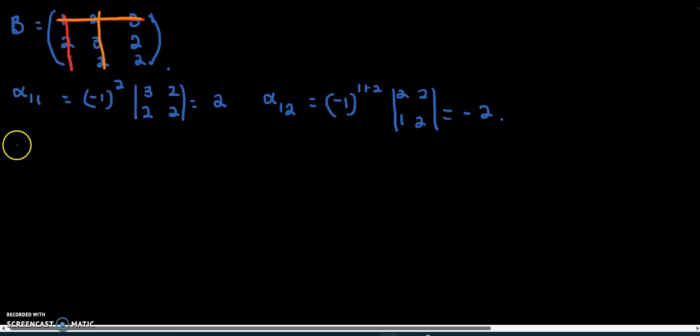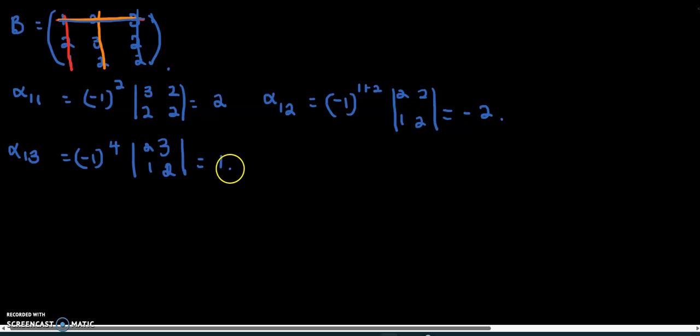And then alpha 1,3. We are now going to knock off our first row but the third column, and it's minus 1 to the power 4. We remain with 2, 3, 1, 2. And that is now 2 times 2, so that's 4 minus 3, which will give us 1.